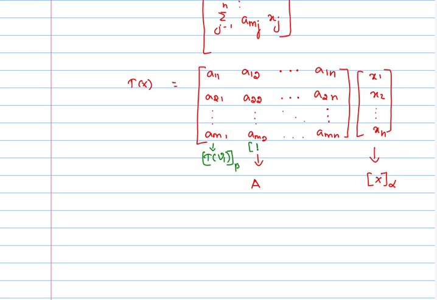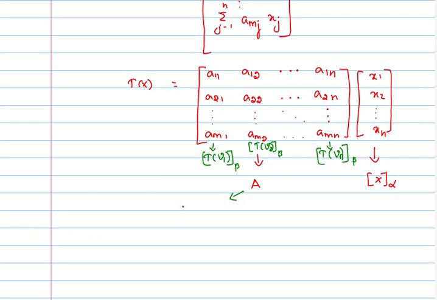This is the coordinate vector of the first T(v1), T(v2) and so on. This matrix we call the associated matrix, or the matrix representation of the linear transformation.